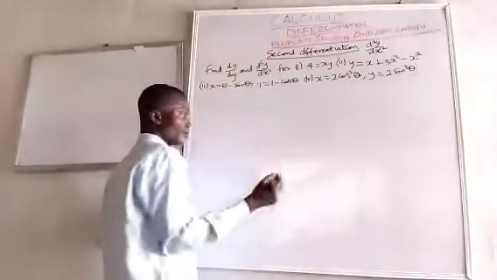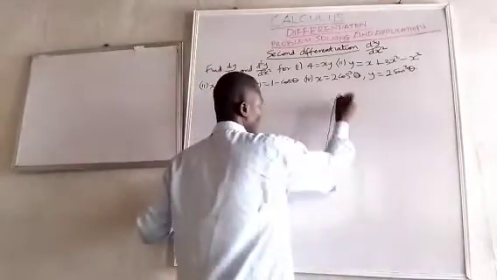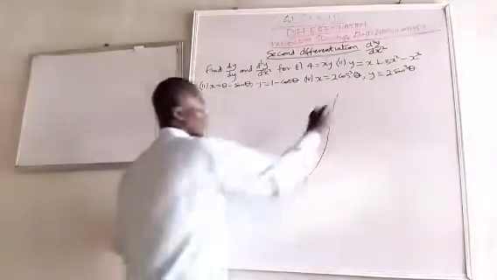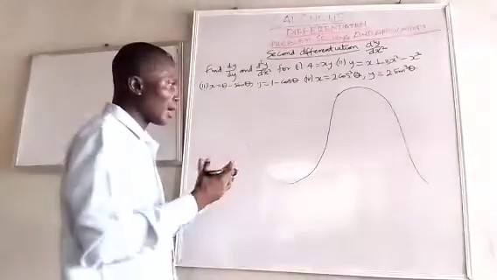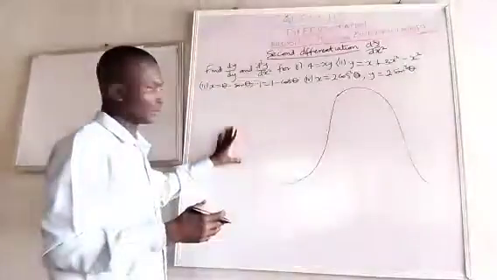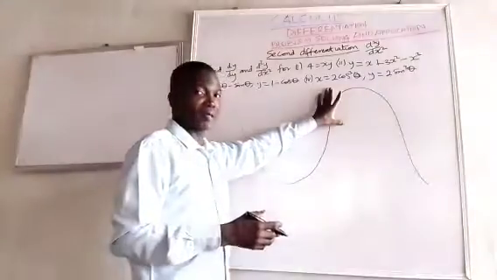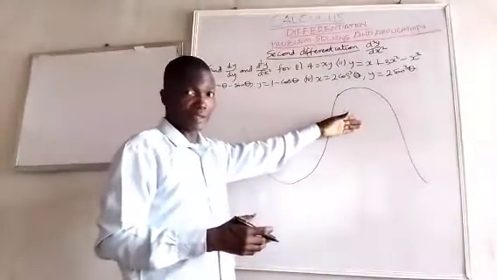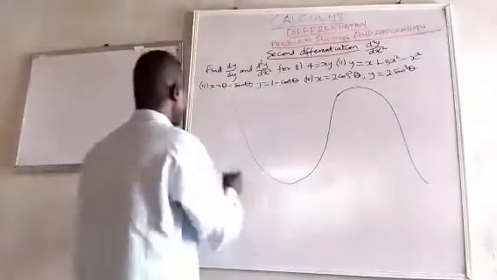Now if we have a curve like this, okay, let me just make it like this. And I draw a graph for its differential value, the first differentiation. If I should draw a graph for it, let's say the graph looks like this.